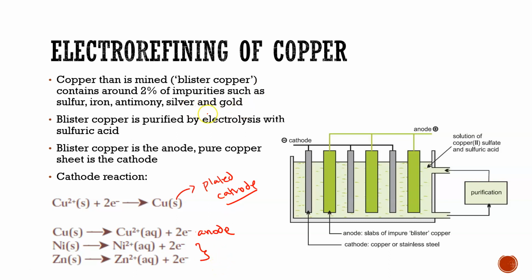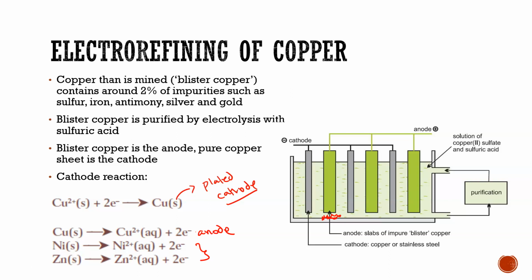The other impurities, such as silver and gold, are less reactive than copper, so they stay solid, aren't oxidized, and form a sludgy slurry at the bottom of the anode, which can be reclaimed after the process and sent on to further refining to pull out those copper, silver, gold, and other precious metals from it.